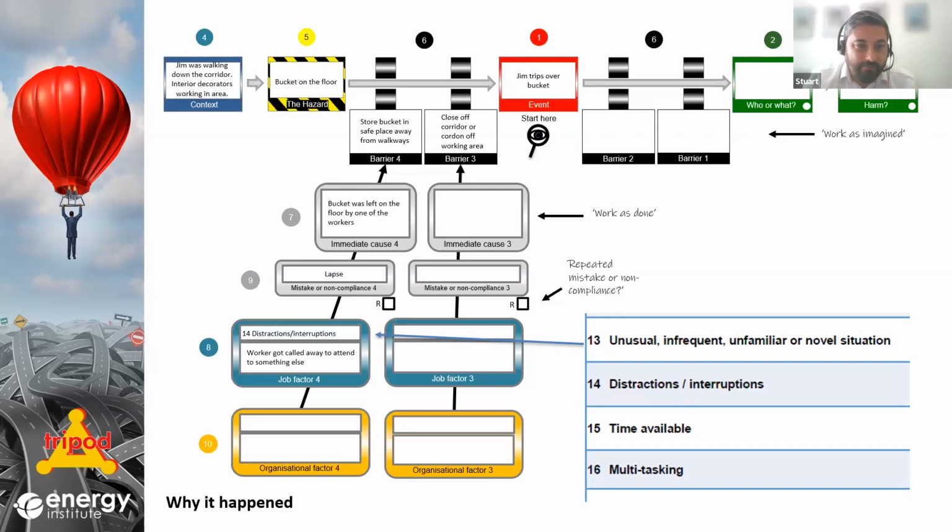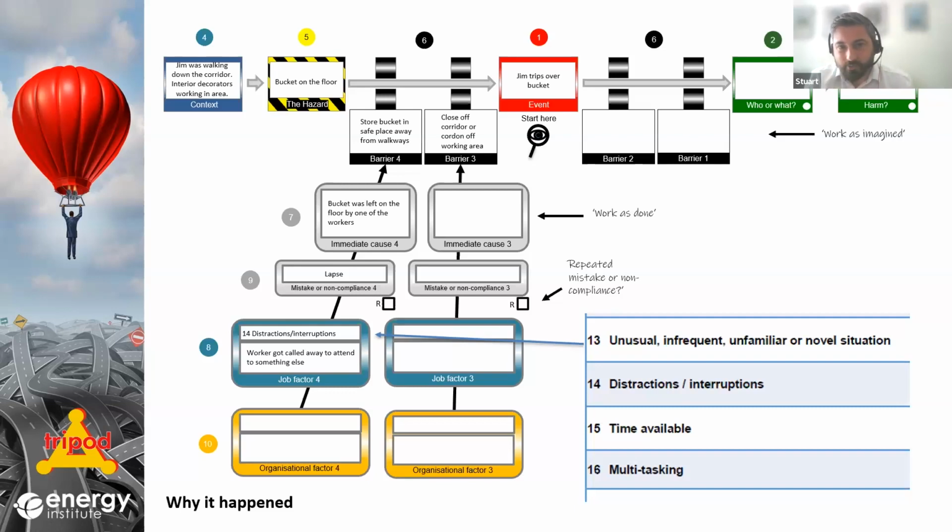So I've written a worker got called away to attend to something else. And I've classified that using one of the pre-provided categories in Tripod Lite. Number 14 is distractions and interruptions. So I've explained the behavior and categorized it.